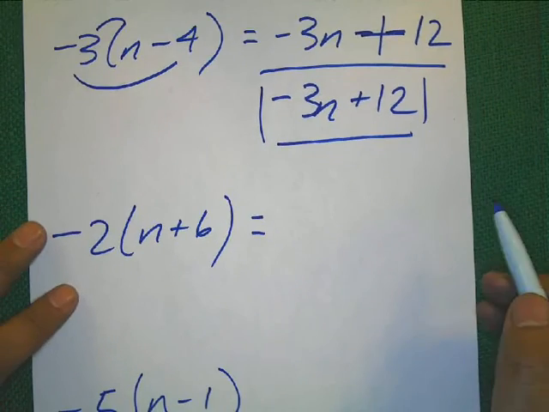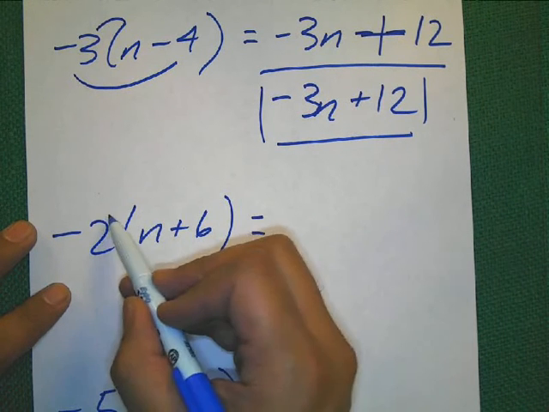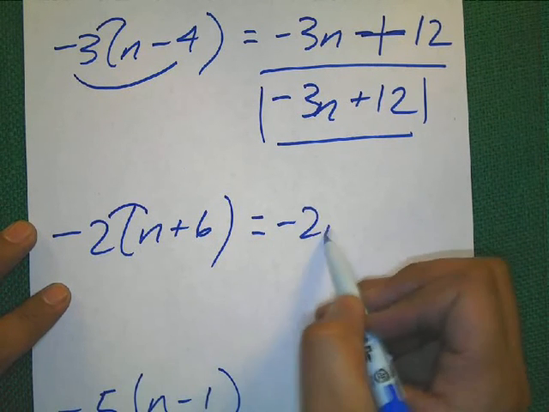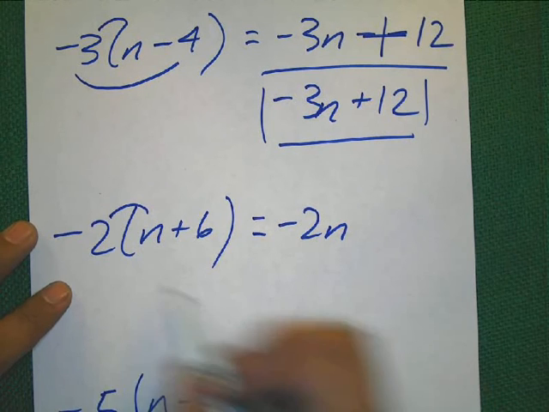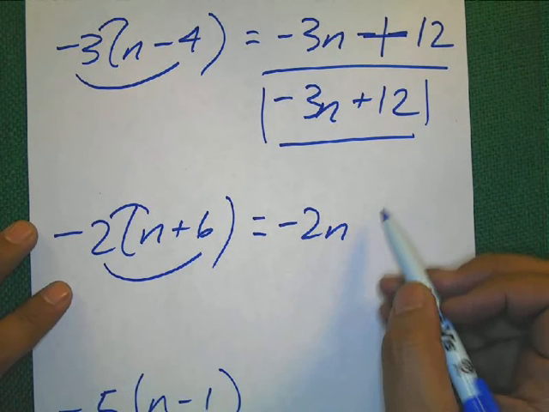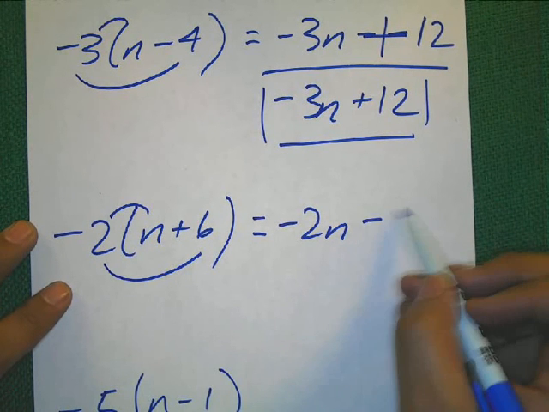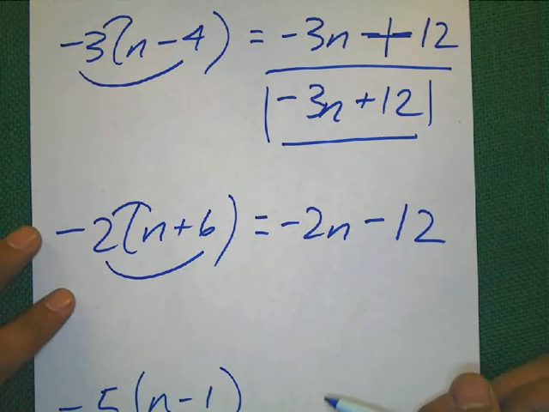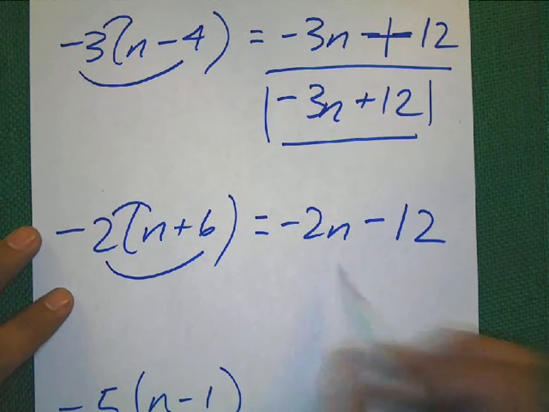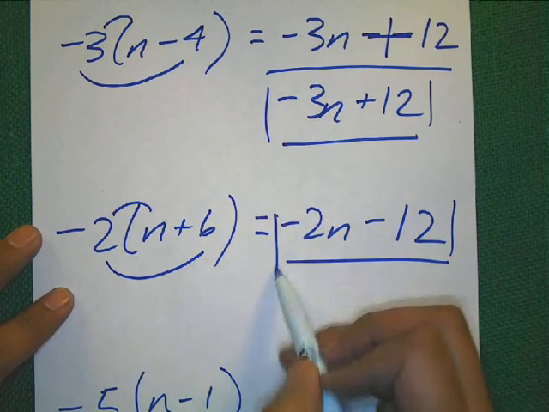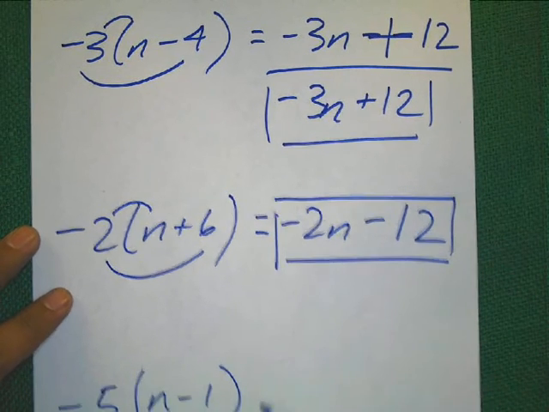All right, second one. Negative 2 times the quantity n plus 6. Negative 2 times n is negative 2n. Negative 2 times positive 6 is negative 12. Negative 2n minus 12.